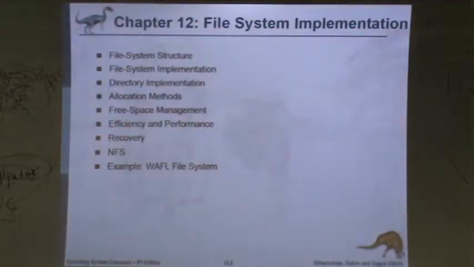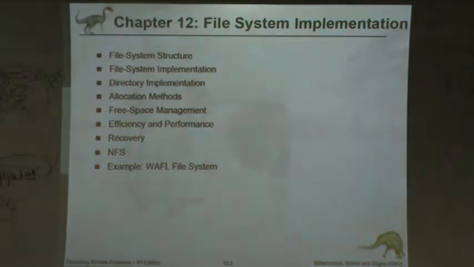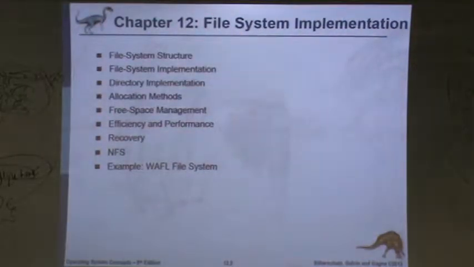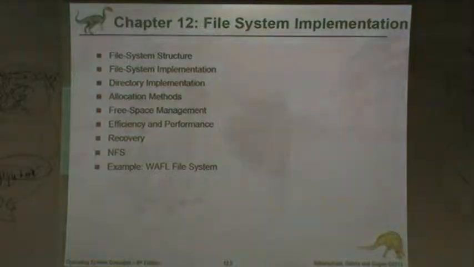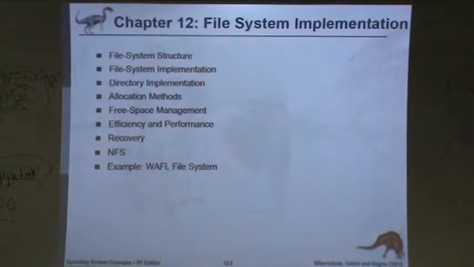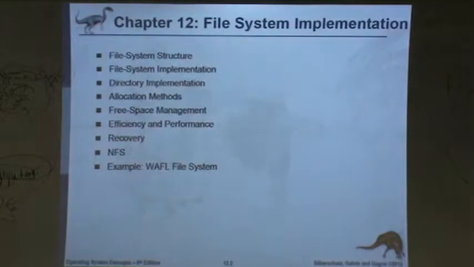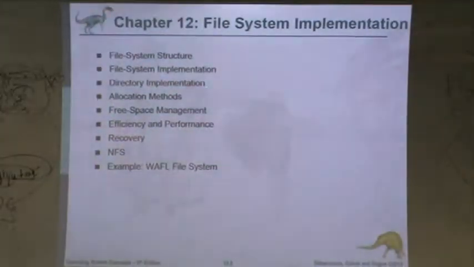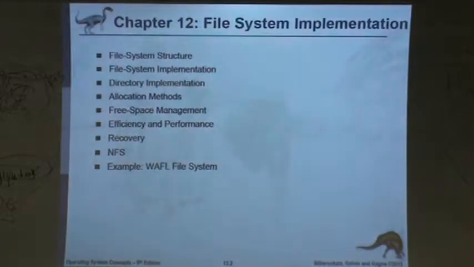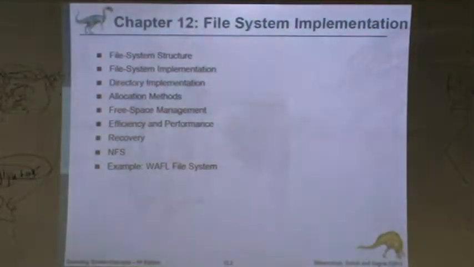So to do that, we will discuss such a structure. As I said, data structure is the most important part. Everything can be explained as a data structure. Then how to implement such a file and directory, then physically how to allocate.